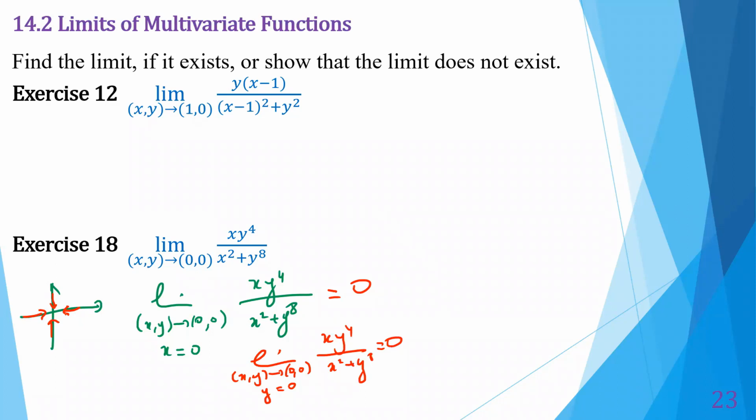If we come through any line passing through the origin, that means y equals mx, where m is the slope.